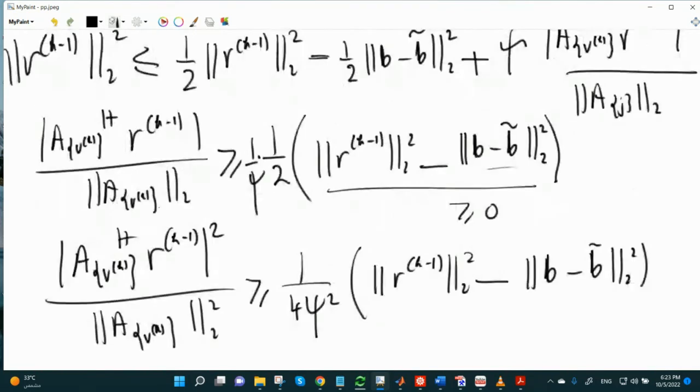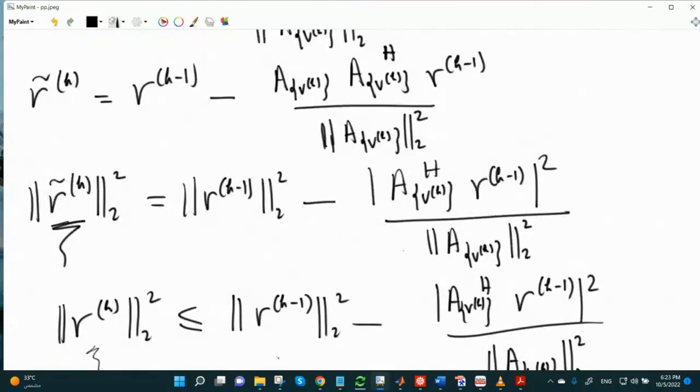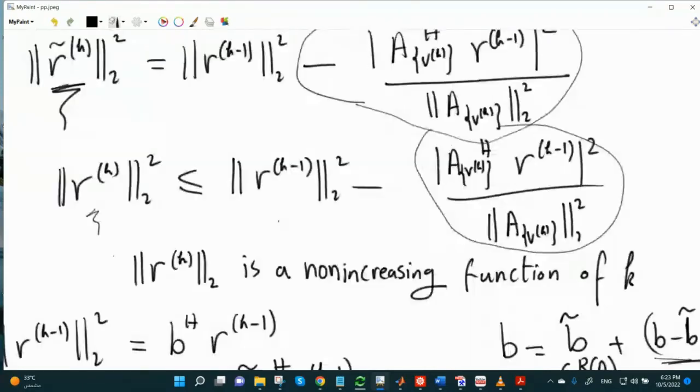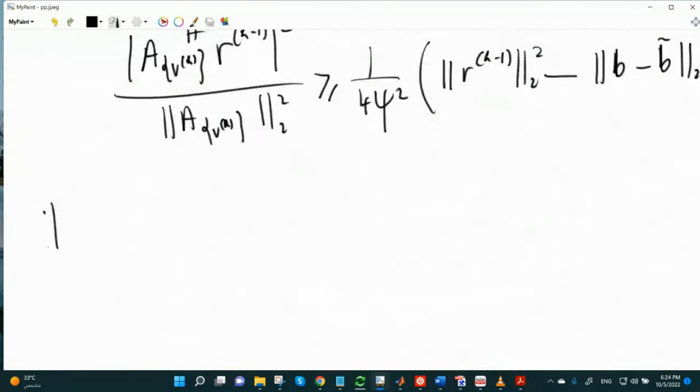Why is this guy interesting? Well, it's interesting because this is the guy that is here. Okay, and it is here. So now we have a good upper bound on the L2 norm squared of the residual vector r of k. Okay, so we can go upstairs and copy.